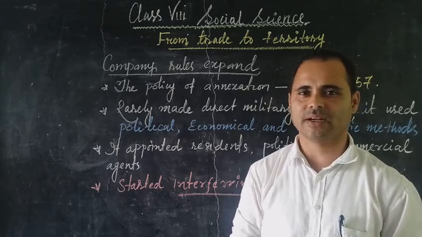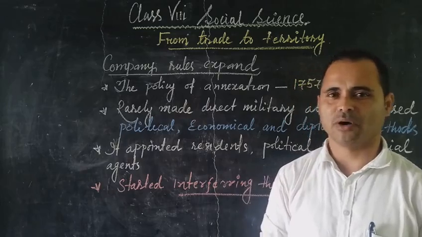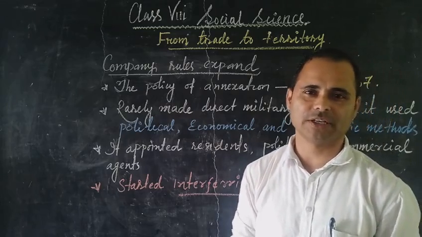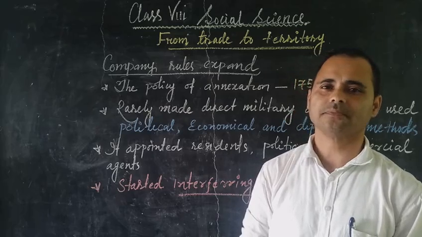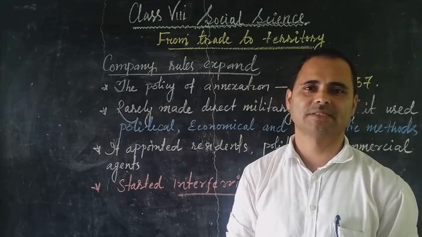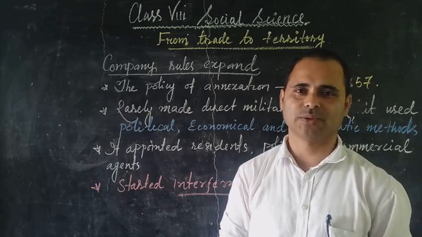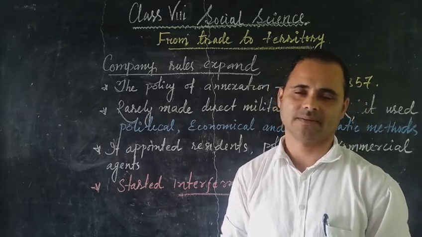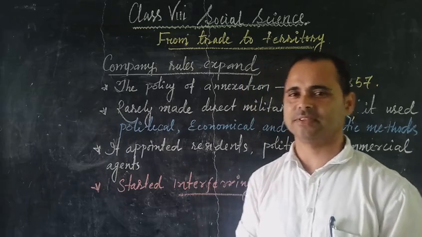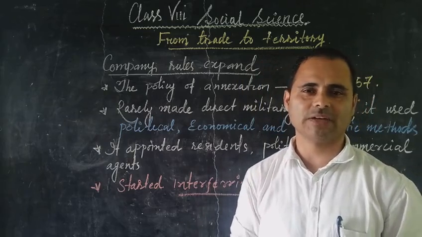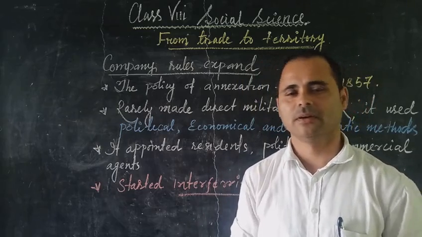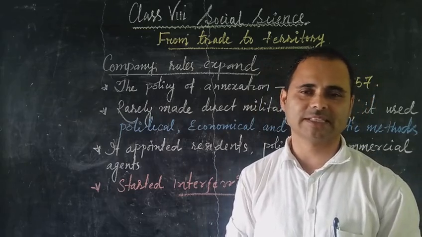And after that we will again try to understand how the doctrine of lapse was introduced by Dalhousie, and following that, how he tried to capture many of the princely states of India. So in the next video I will explain all this, and I will wrap up the complete chapter in the next video.